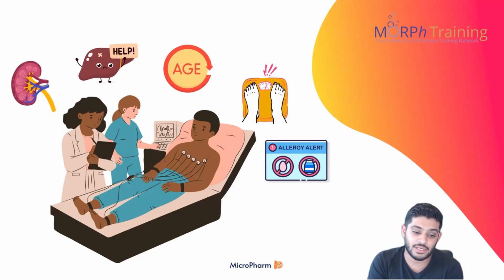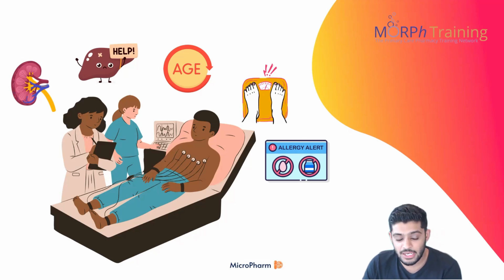That liver impairment can cause problems with regards to metabolizing those medications. Again, increased risk of accumulation. Age can sometimes be a factor when it comes to providing antibiotics. Weight can sometimes be a factor. Allergy status, of course, if a patient's allergic to a medication, you will have to give an alternative.